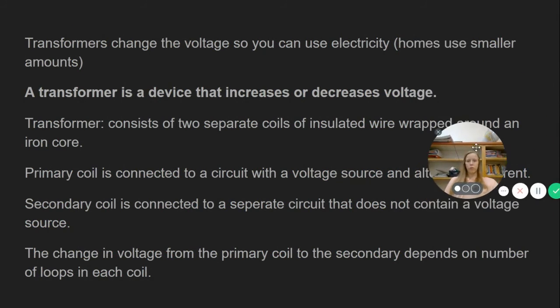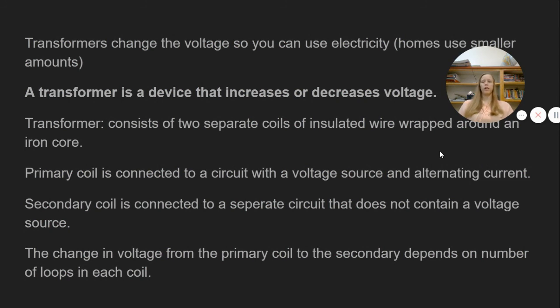What about transformers? Transformers change the voltage so you can use electricity. Homes use a lot smaller electricity than the generator produces, so the transformers change that voltage so you can safely use it. A transformer is a device that increases or decreases voltage.